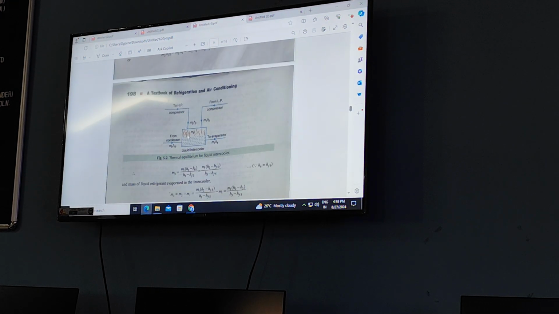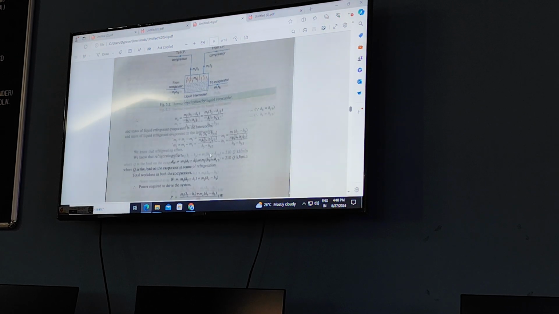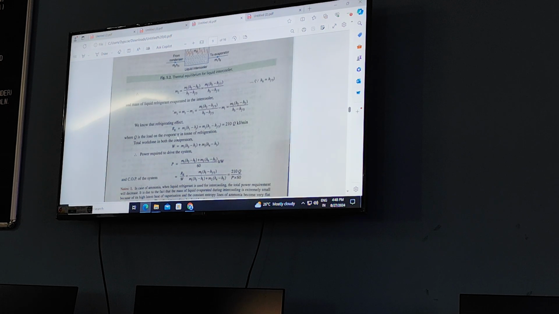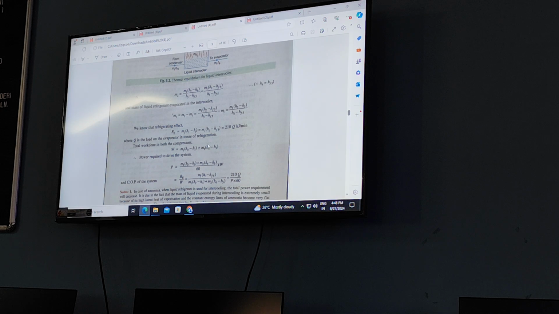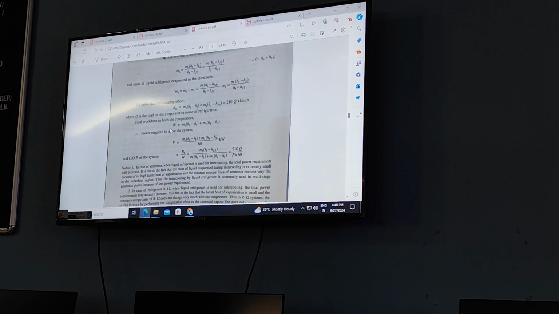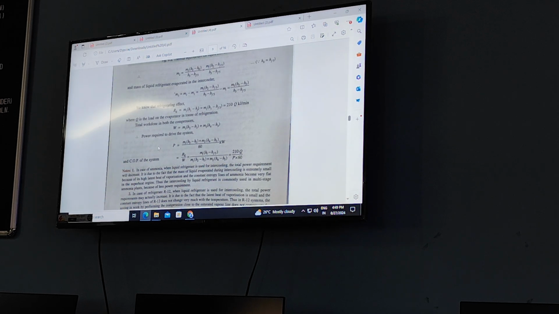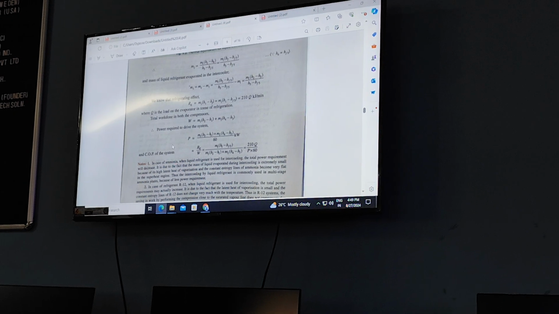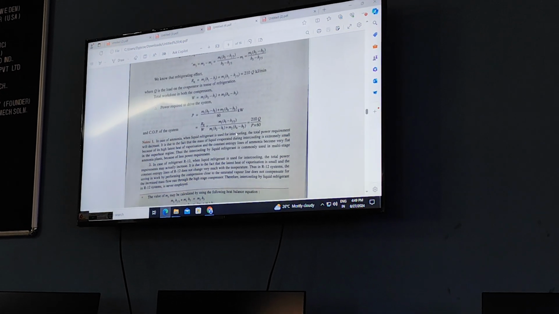Okay, so this is the energy balance equation. Energy in is equal to energy out, and from this you can calculate m3. You can write down the refrigeration formula, then the work required, or instead of the work formula, you can write down the power formula. Power is just work done per unit time. And the COP formula.